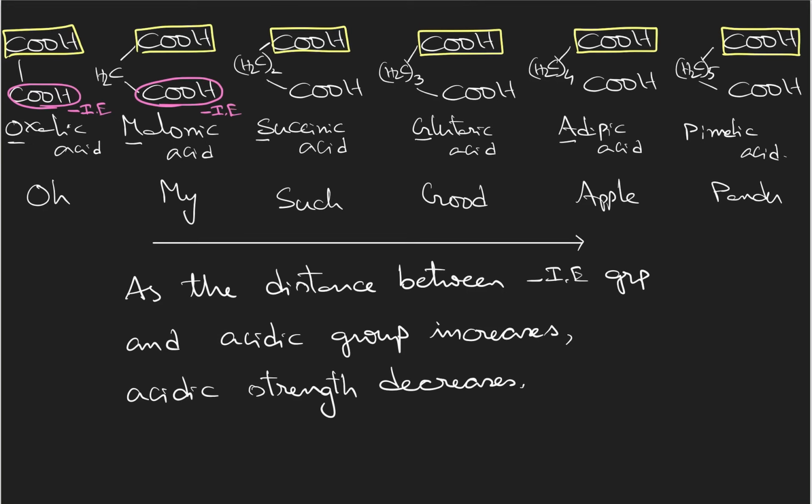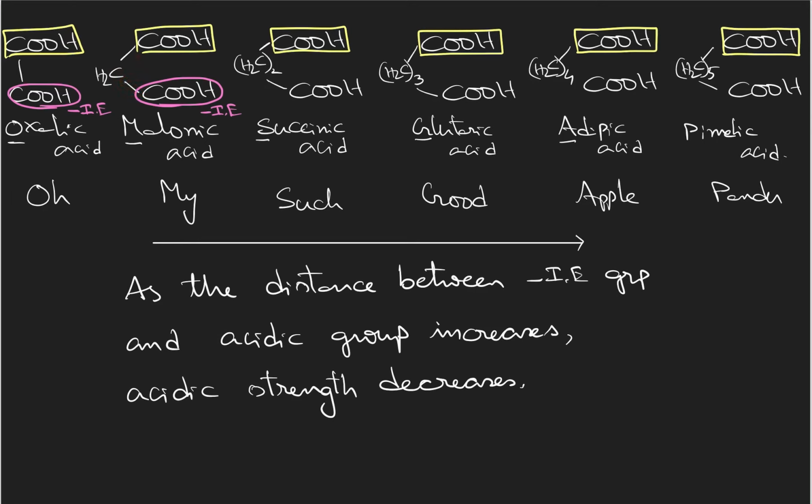From oxalic acid to malonic acid, the minus I group becomes farther from the acidic group, because in oxalic acid it is directly attached, whereas here it is attached to a carbon and then to the acidic group.